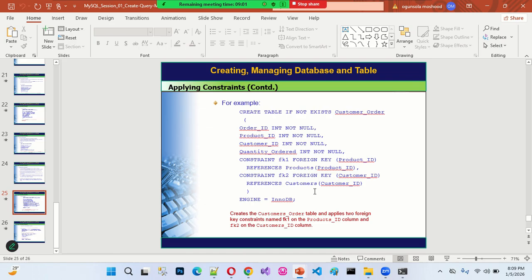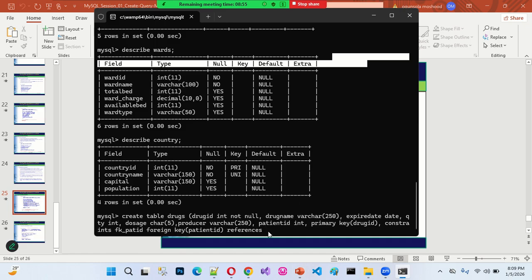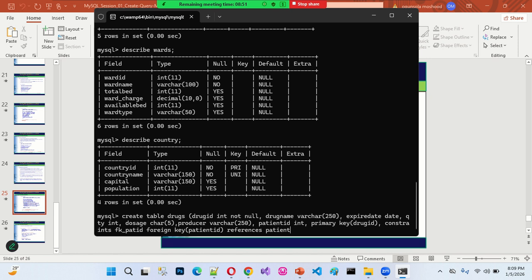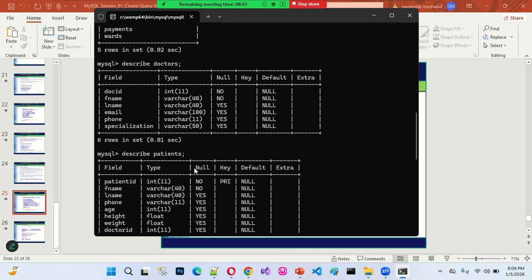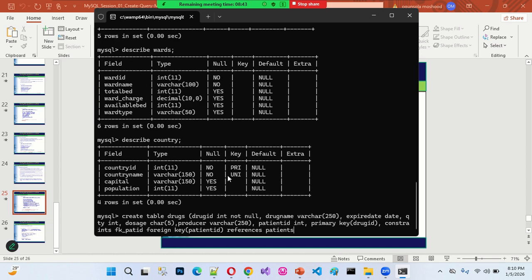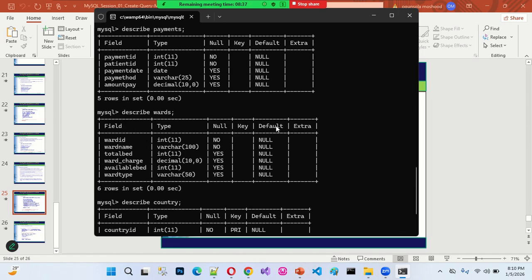Okay, the name of the table that contains the primary key for that foreign key. References now, the table is the patient table. You know, this is the patient table here. When I say patient table, what is the name of the column in the patient table that I'm using as a primary key?